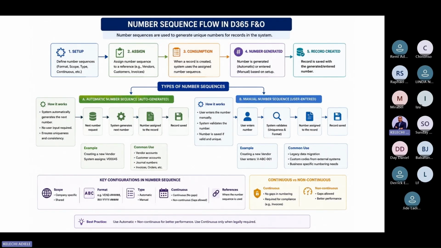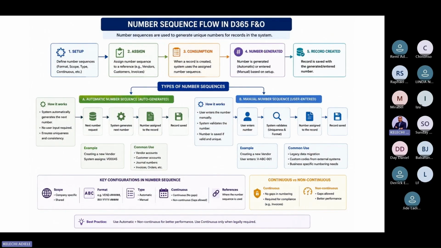For non-continuous, gaps are allowed, and sometimes it helps with better performance. When we're setting up number ranges, we have those two options, but it's important that all our documents, all our transactions, all our master data and transactional data are tracked by a unique number.